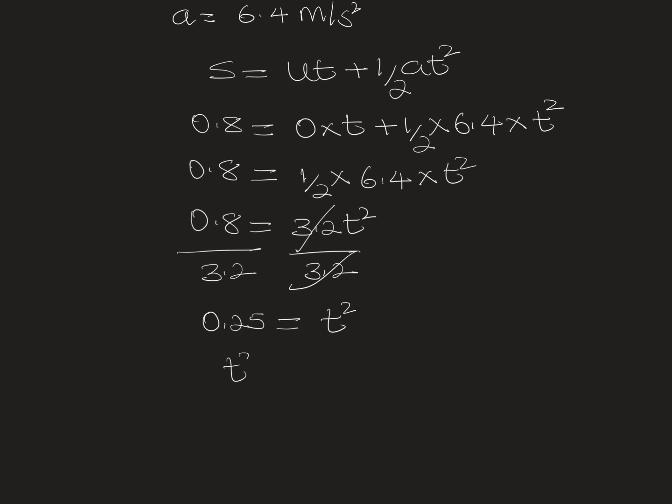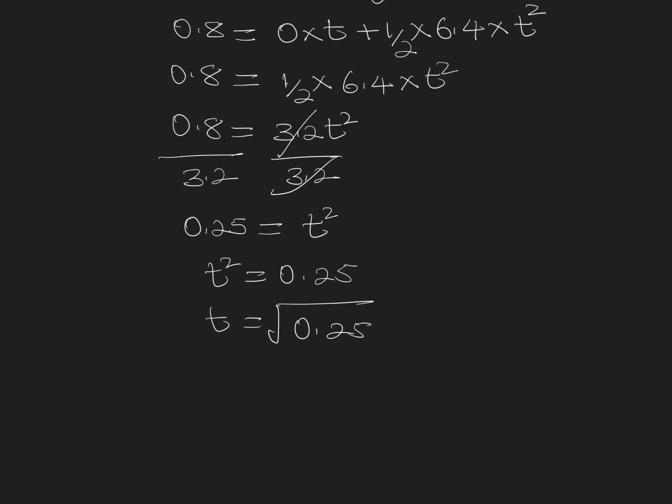That means t squared is equal to 0.25. To find t, I will take the square root of 0.25. So t is equal to 0.5 seconds. That is the time it takes before the 16 kilogram mass hits the ground.